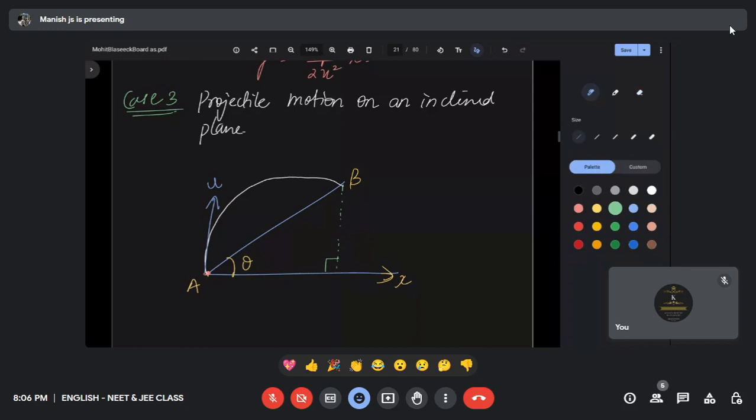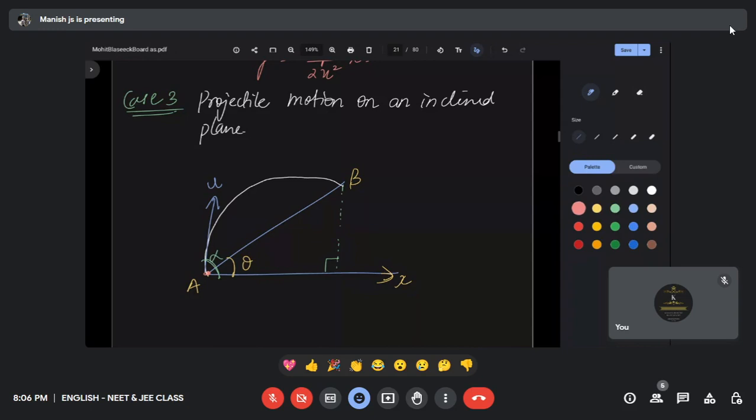So I take this as theta, and this I take as alpha. Let it make an angle of alpha with the horizontal. I am going to represent the axes also here.